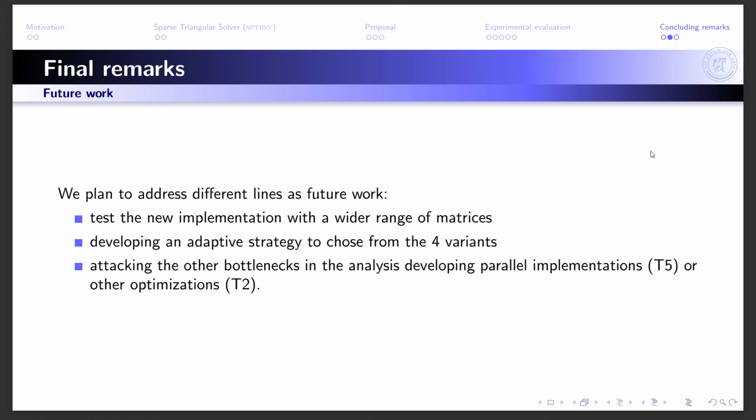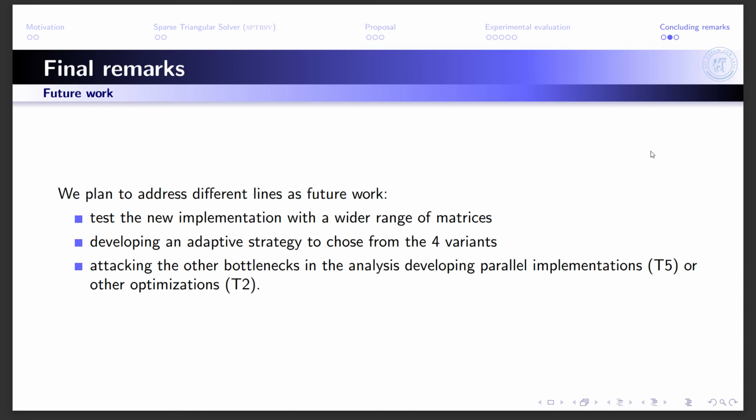One idea is to test on all square matrices of the collection. We want to develop an adaptive strategy to choose among the 4 variants. It's tricky because the gains are not so big, so the strategy has to be really fast so as not to lose the gains from choosing the best variant.